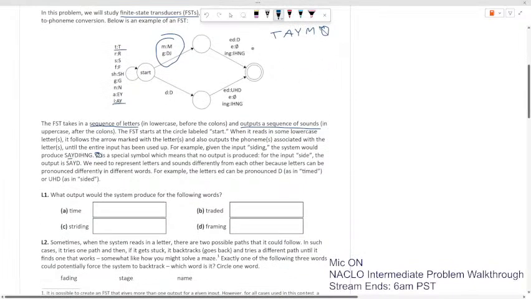Oh, that's interesting, because this is a silent E at the end of the word. Okay, let's put that in.